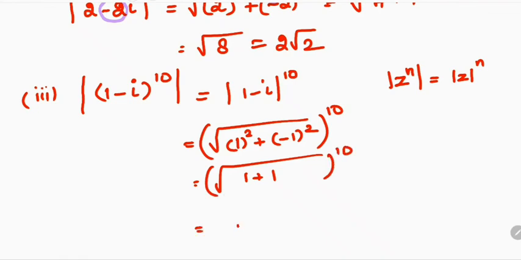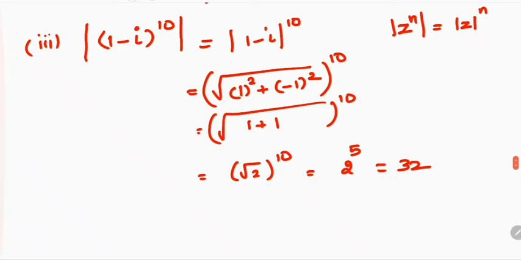So that is root 2 the whole power 10, which can be written as 2 to the power 5. How is it 5? A square root is nothing but the power 1 by 2, so 10 by 2 is 5. What is 2 power 5? That is equal to 32. So the third problem is over.